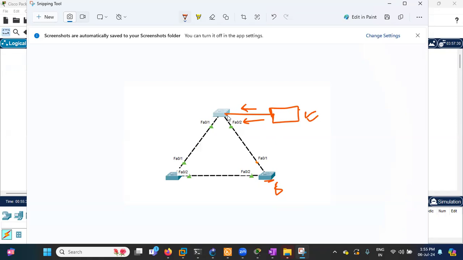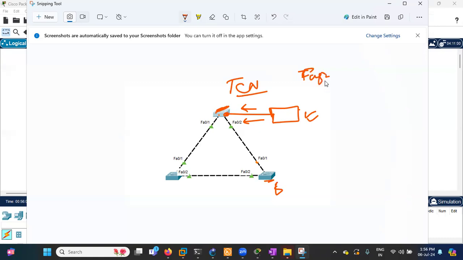And will switch one generate a TCN message to S2 and S3? Actually, it will never generate the TCN. It will generate the configuration BPDU, the Hello BPDU, and turn on the TCN bit. It will turn on one term, that is the fourth field of the BPDU, known as the flag.